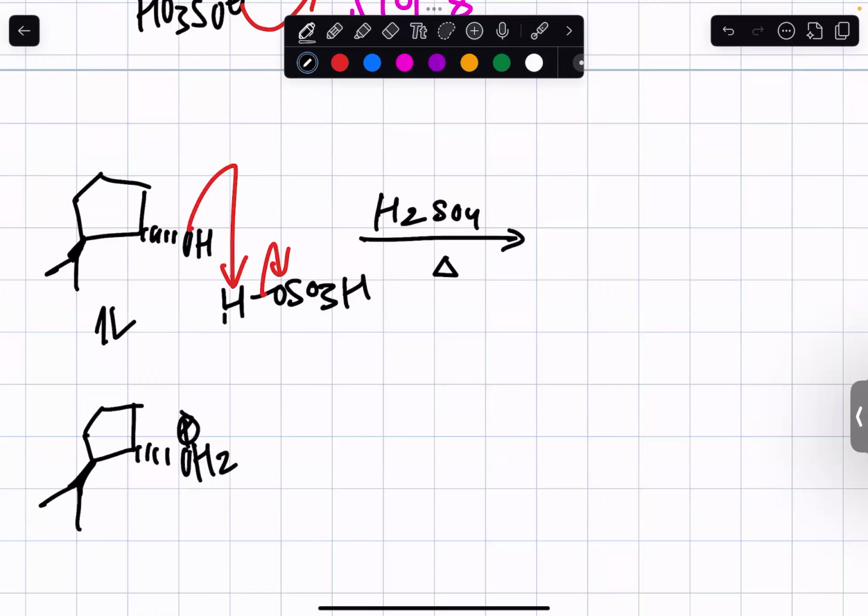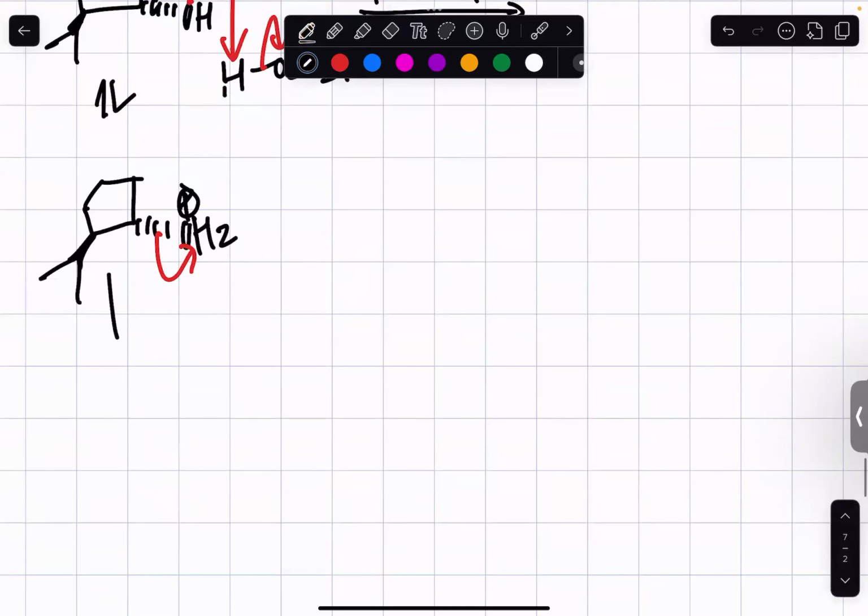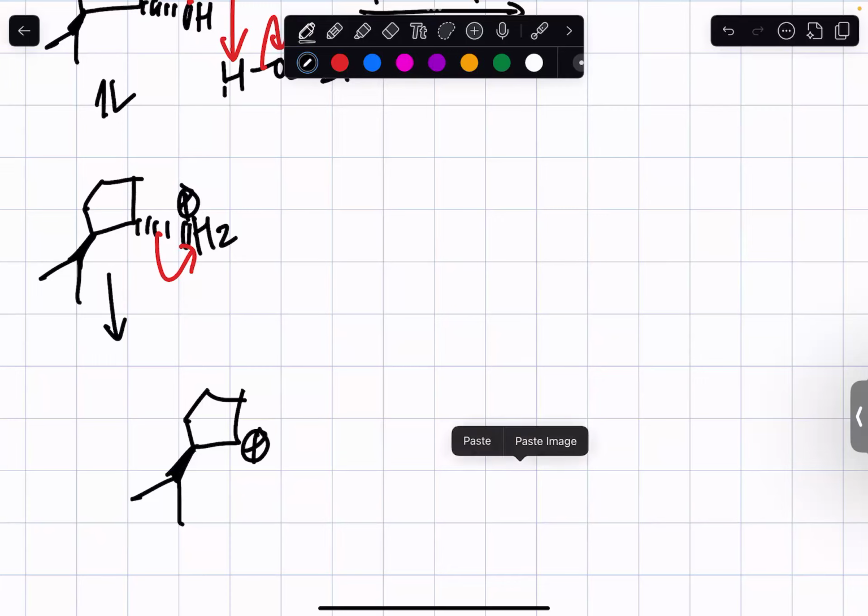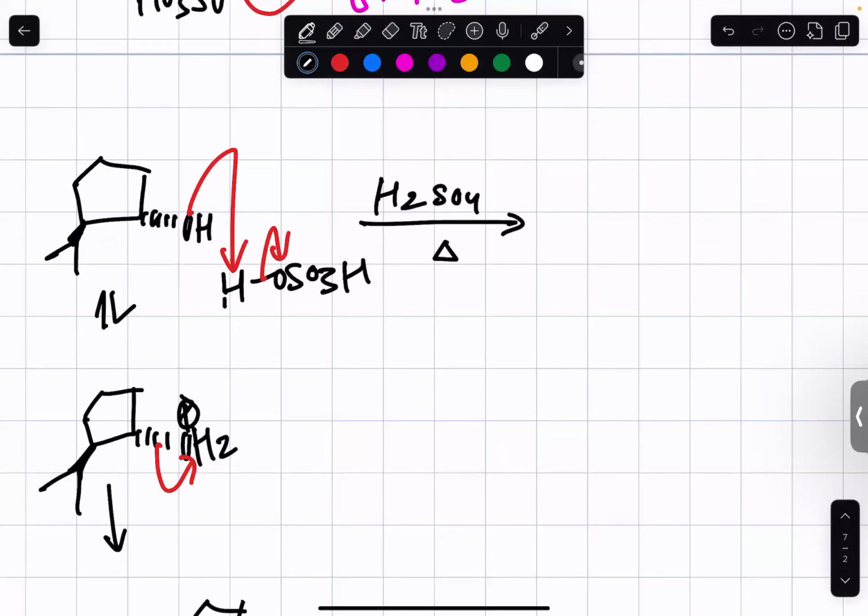Now once we have the good leaving group here, kick that good leaving group off and form the carbocation intermediate. Now we stop and see if we can do any carbocation rearrangement, which we see that we can. And I'm actually going to add an extra methyl group here just to make the answer different.